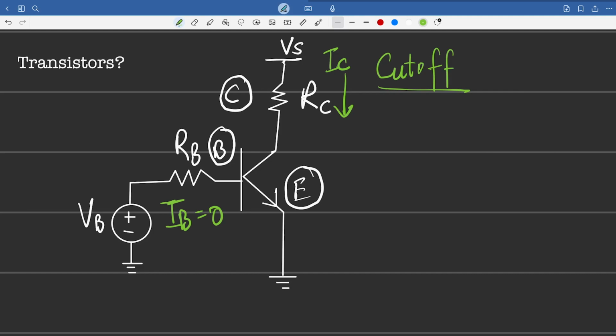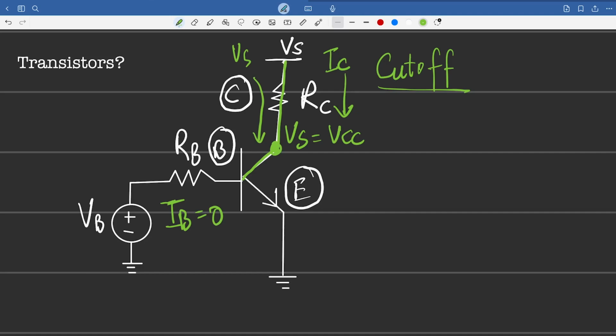Now, because there's no current going through RC over here, just consider this connected in this way. So the voltage over here, VS, is also going to be over here, which is going to be VCC, the collector voltage.